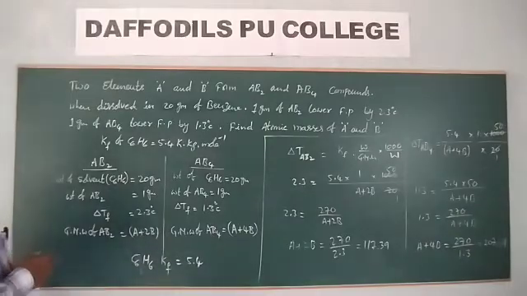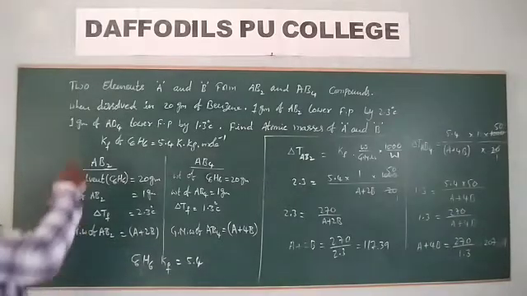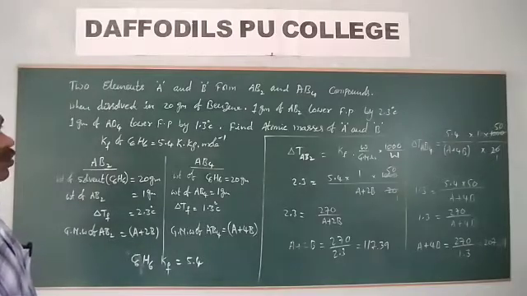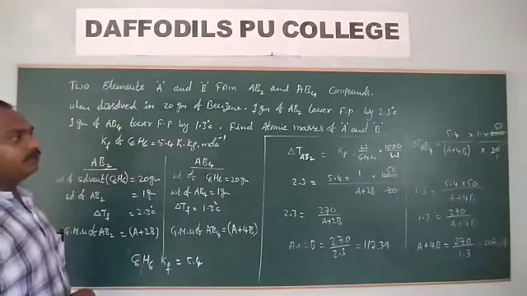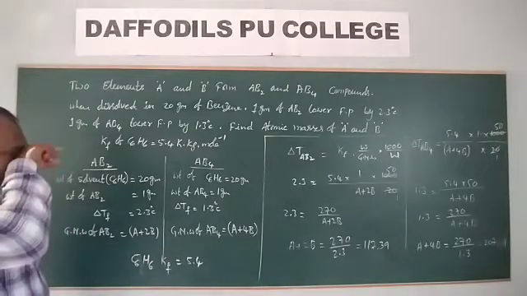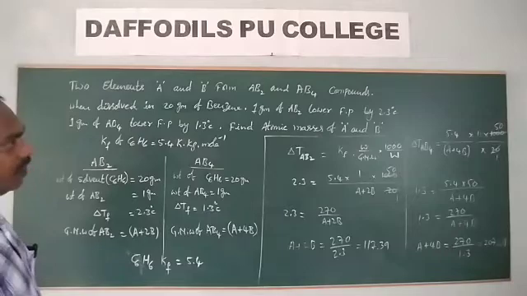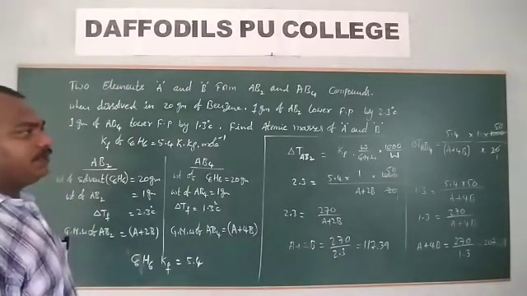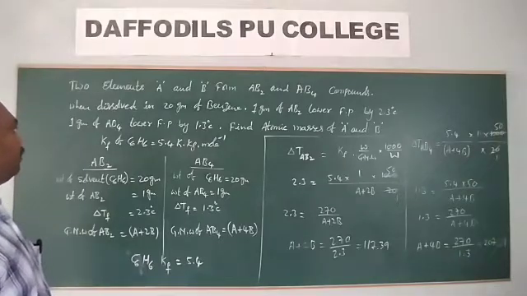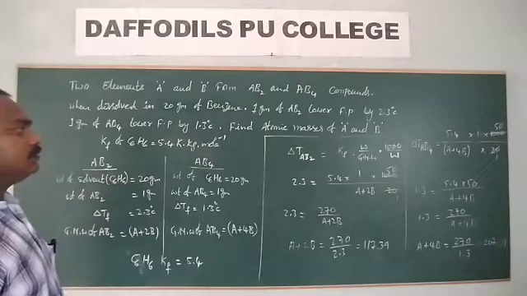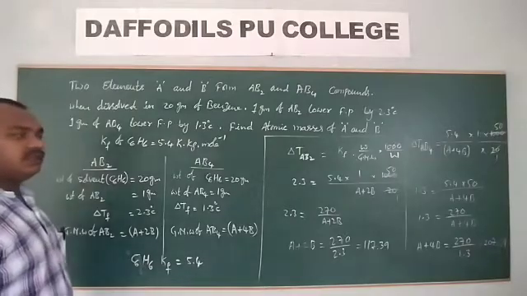Now look at another problem. Two elements A and B form AB2 and AB4 compounds. When dissolved in 20 grams of benzene, 1 gram of AB2 lowers the freezing point by 2.3 degrees centigrade and 1 gram of AB4 lowers the freezing point by 1.3 degrees centigrade.